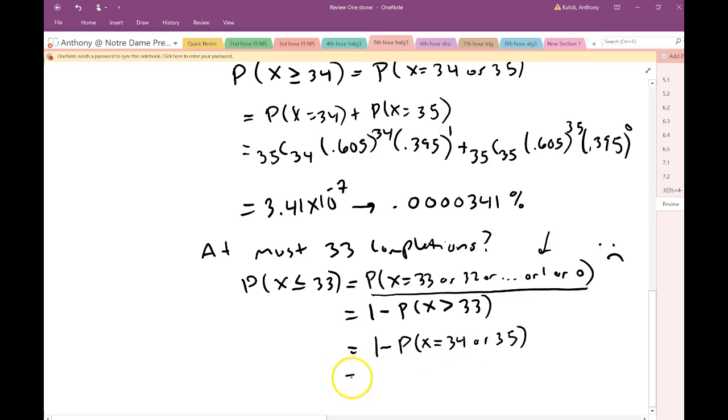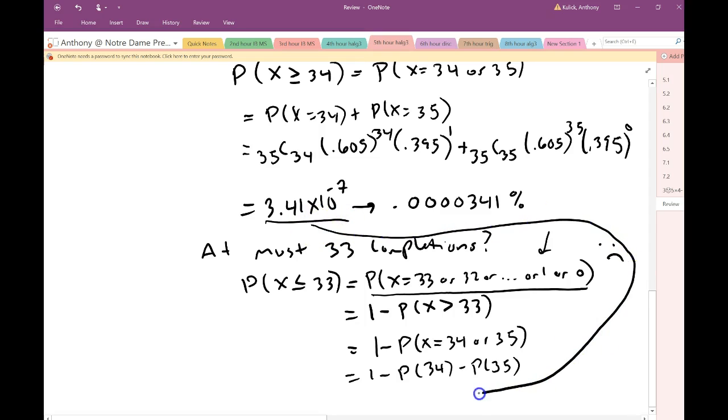This way I'm only having to do two probabilities. And in fact, I already have the answer to this. So I can just type that in.